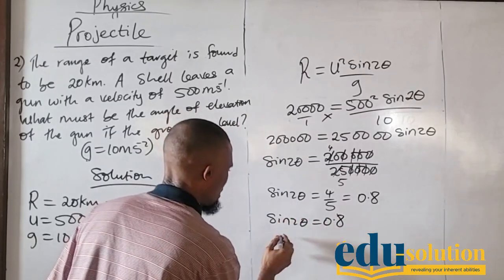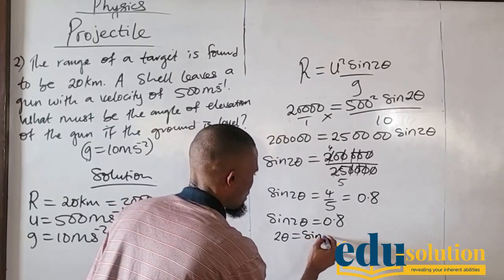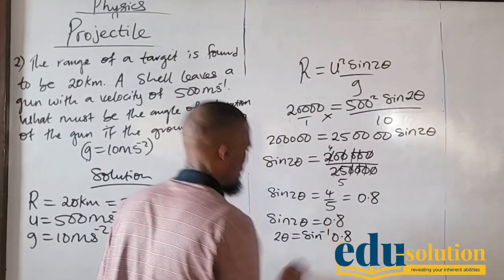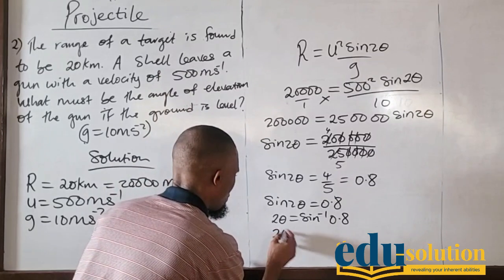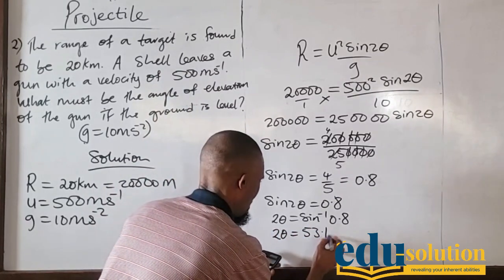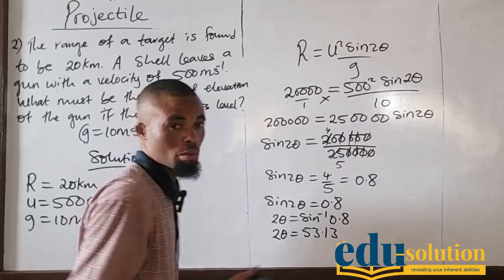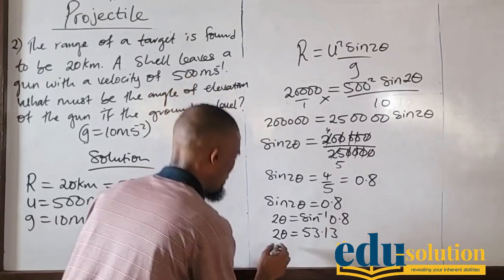So we make 2 theta the subject, so the formula we have 2 theta is equal to sine inverse of 0.8. So we're having 2 theta is equal to 53.13. Don't forget, what we are looking for is not 2 theta, it's theta. So we have to divide.